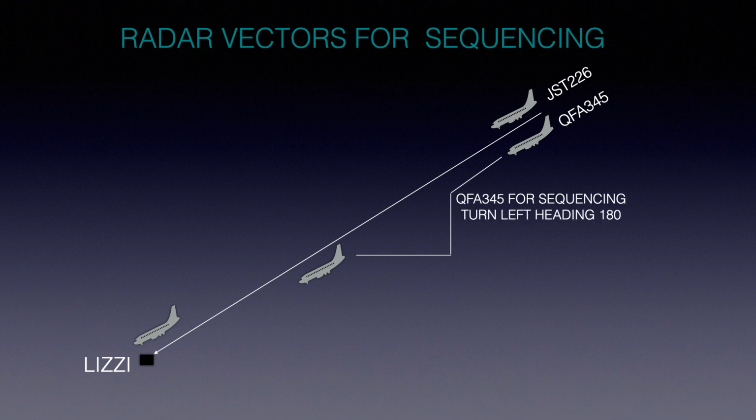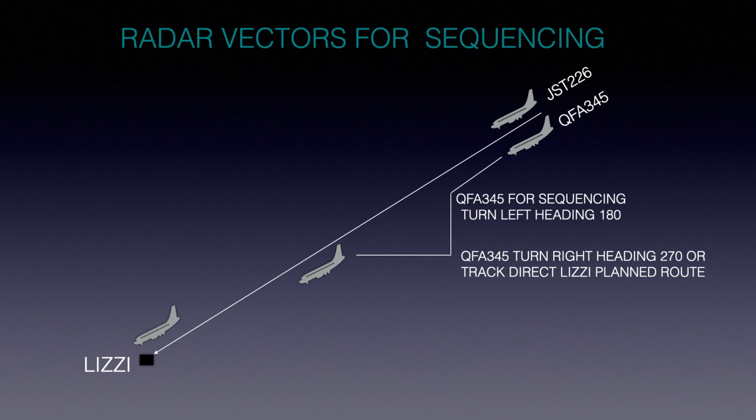Qantas 345, for sequencing, turn left heading 180. So, you're now starting to establish some sort of track miles between the 2 aircraft. And when you think you've got sufficient track miles, you'd say Qantas 345, turn right heading 270, or you can say, Qantas 345, resume own navigation, track direct to Lizzie on plan route.